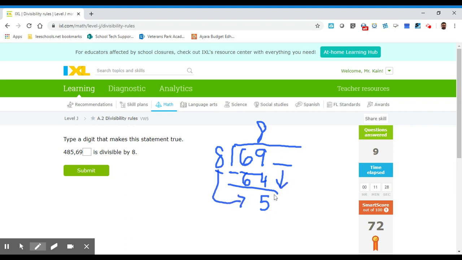What 2-digit number? So think of your multiples, right? 8 times 3, 8 times 4 is 32, 8 times 5 is 40, 8 times 6 is 48. 8 times 7 is 56. So 56. This would have to be a 50. This would have to be a 6. Okay. That in there.